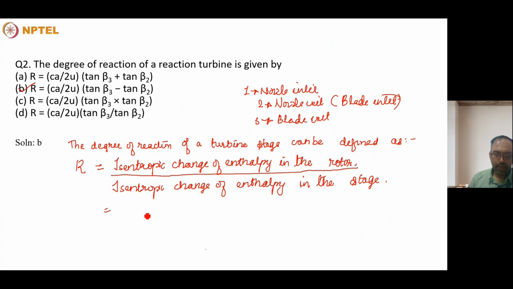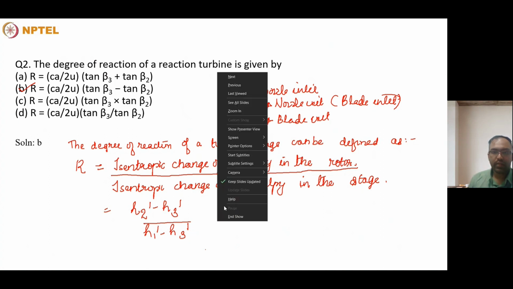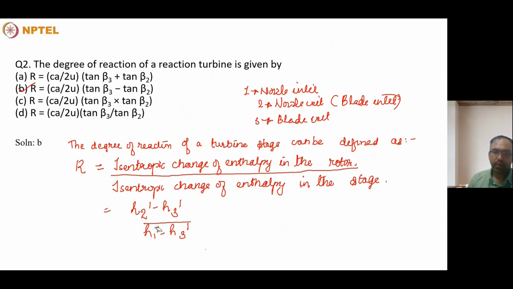We can represent this in terms of the isentropic enthalpy change of the rotor, that is the blade, divided by the overall stage isentropic enthalpy change, H1 dash minus H3 dash. H1 will be same as that of H1 dash.